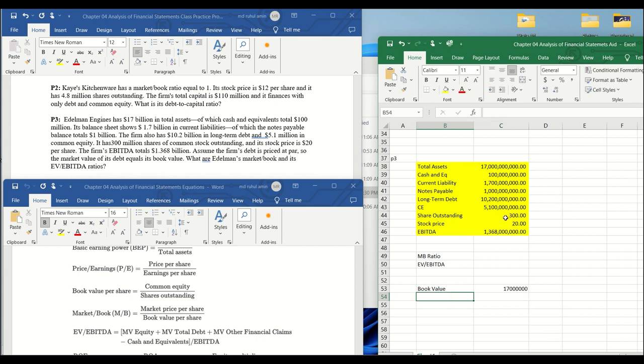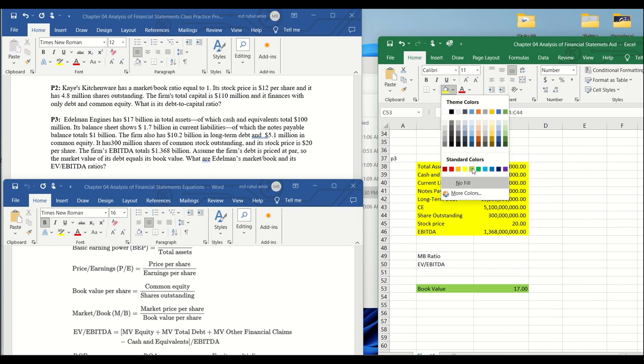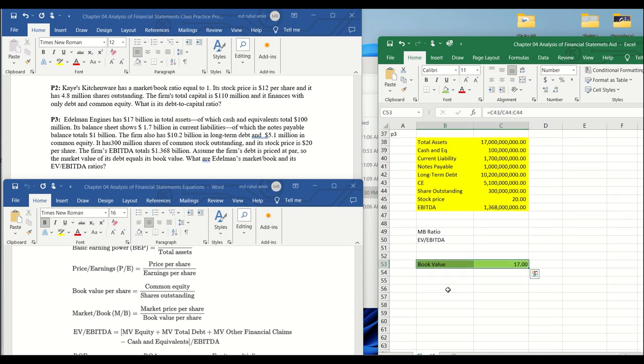So 300, actually I should write the full number, 300 million. So this should be $17. Book value calculation done, so it should be marked in green color.